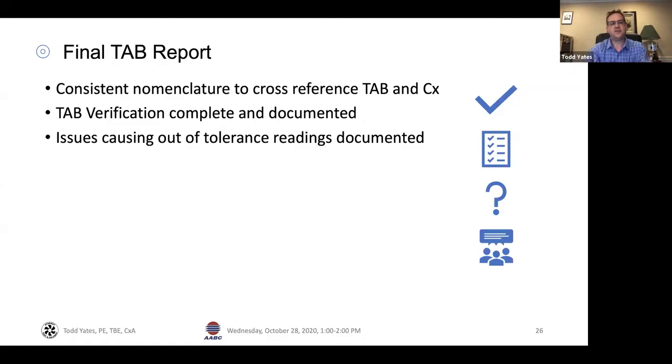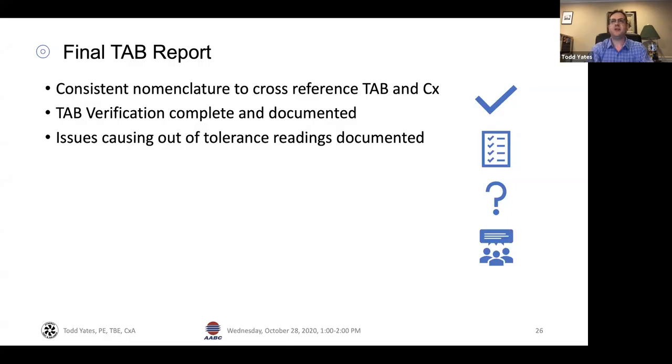And this gives us a chance to show the causes for out of tolerance readings. This is another thing that leads to rejection of reports. It may be the case that by working with the commissioning provider during their process, some of these things get resolved. At the very least, they get documented well, and there's some support for why this came out the way it did.